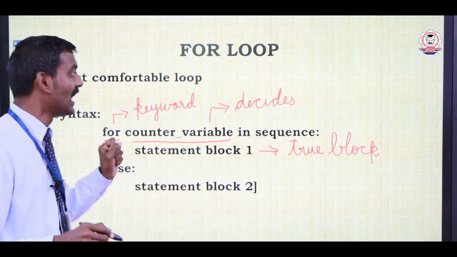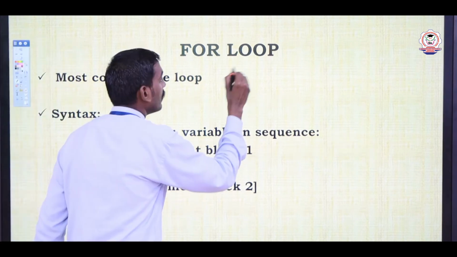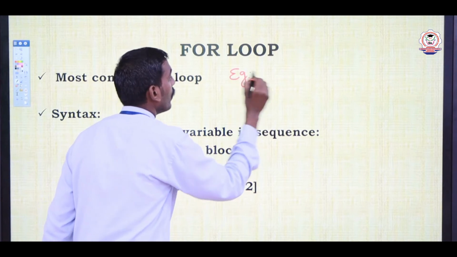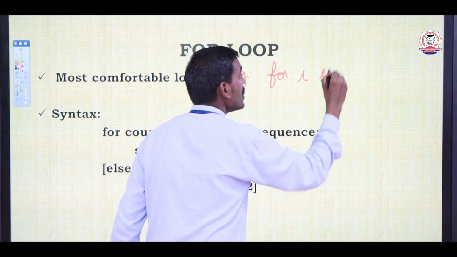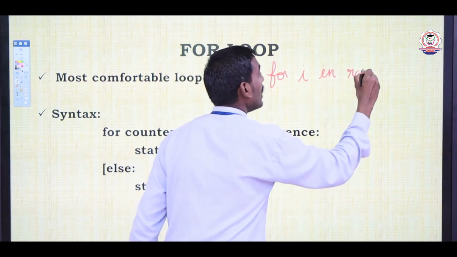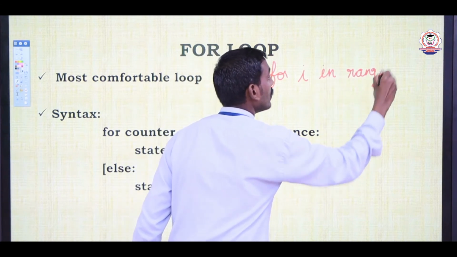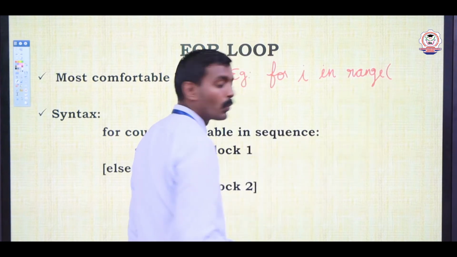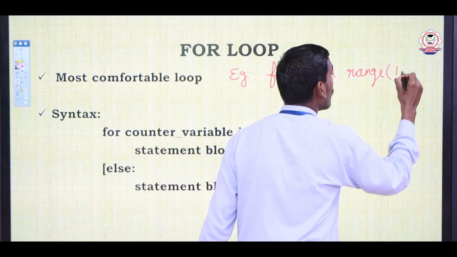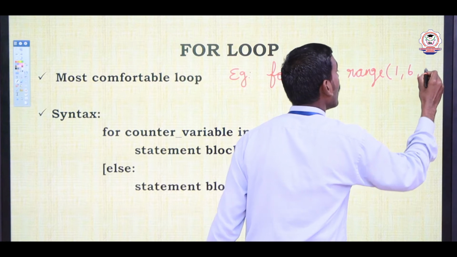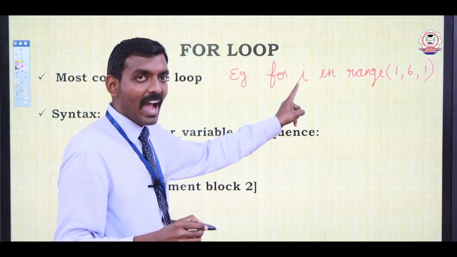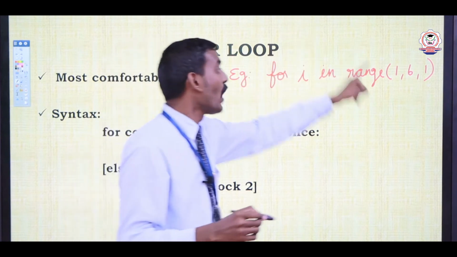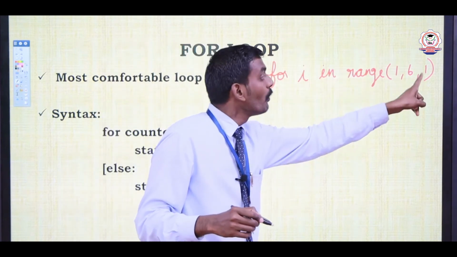Let's see the example. For I in range 1, comma 6, comma 1. That means the value of I is incremented by 1 each time. Why?